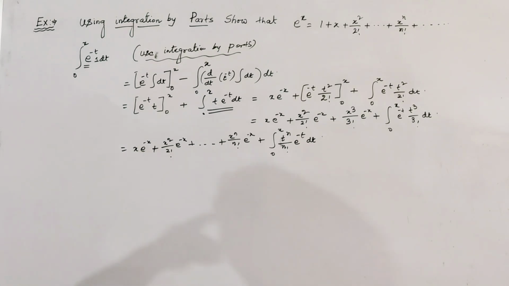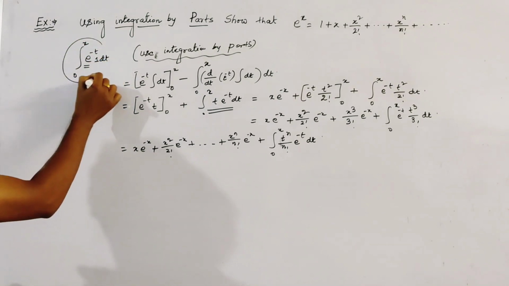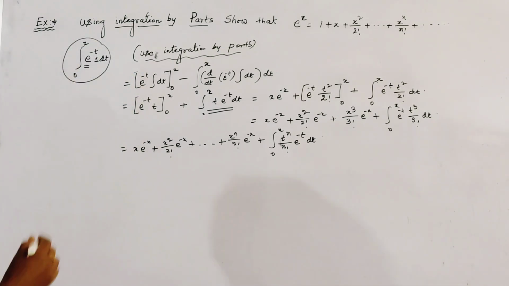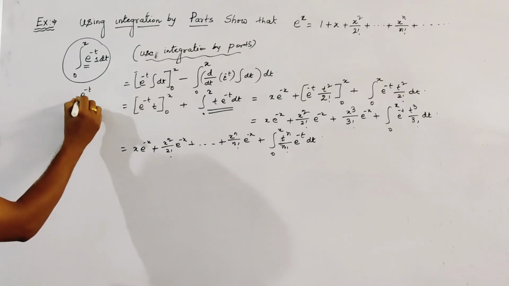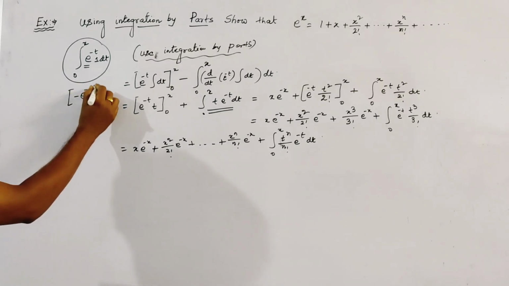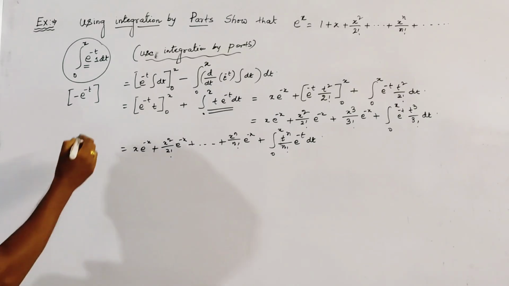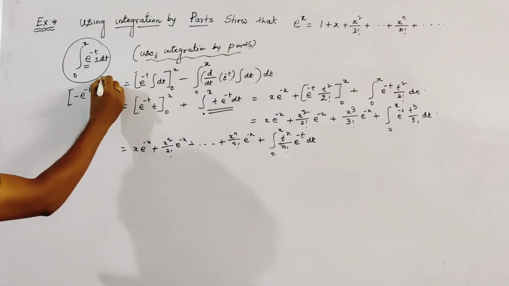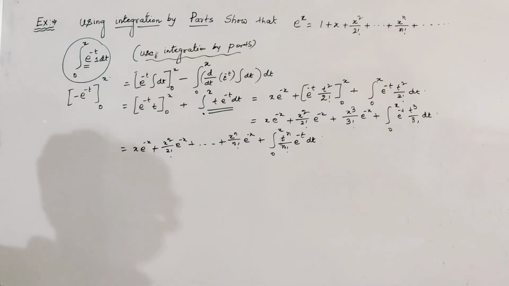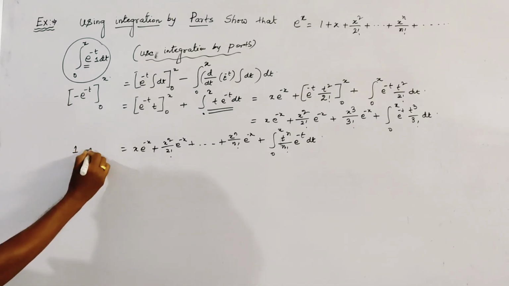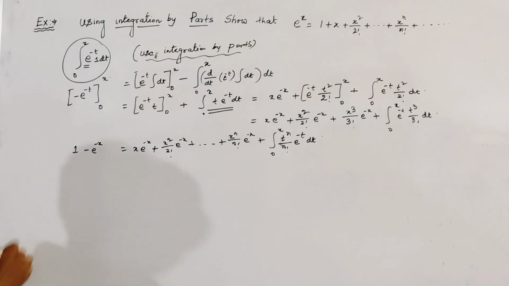Now if we integrate the left side, the integration is obviously e to the power minus t and another minus because of minus t, and the range is 0 to x. So by putting the range we get this integration is 1 minus e to the power minus x.